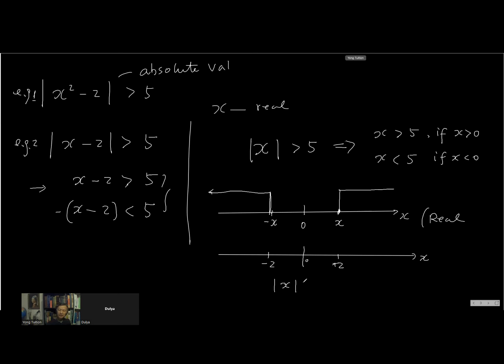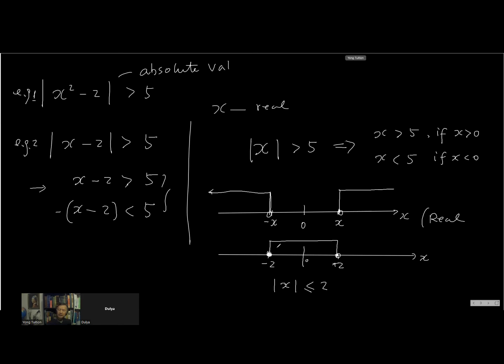We can twist the question: how about the absolute value of x is less than 2? This time it would be this region. Depending on whether it is equal or not, if I put equal, it is an empty case. If it is not equal to, we have to use this notation.